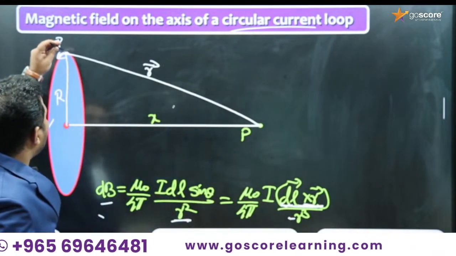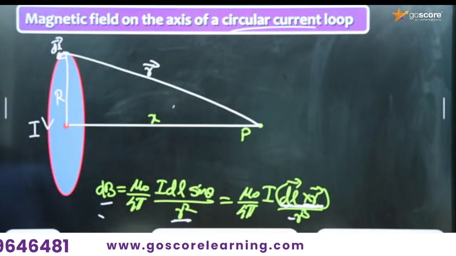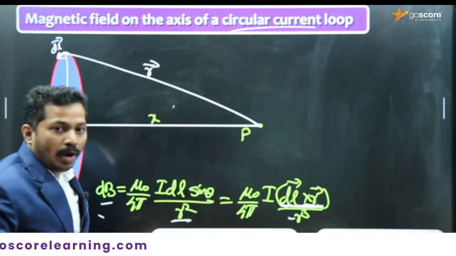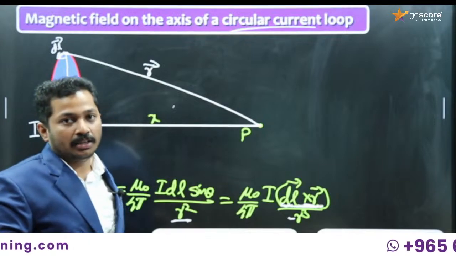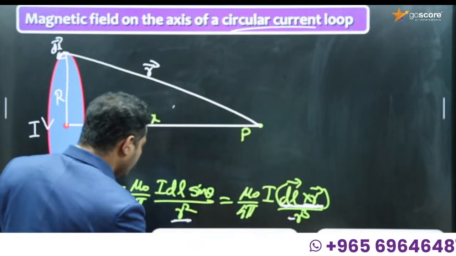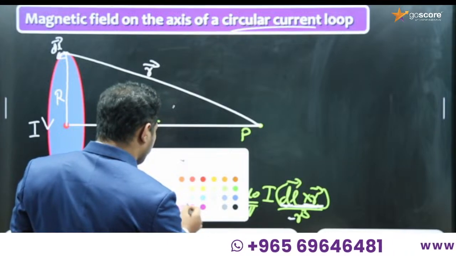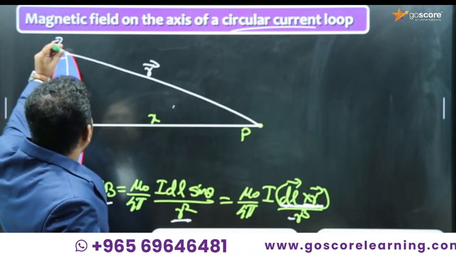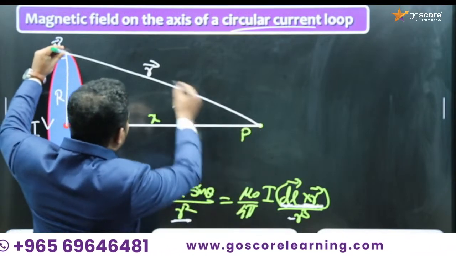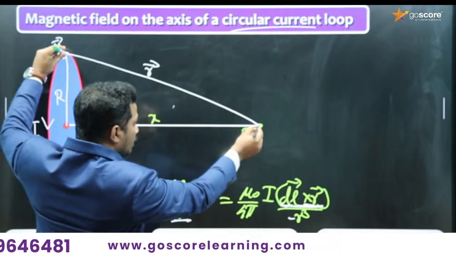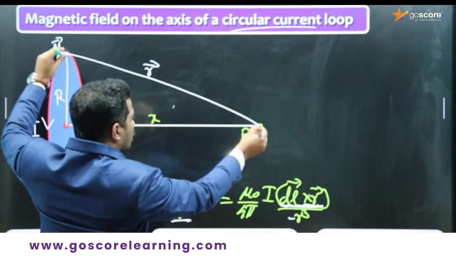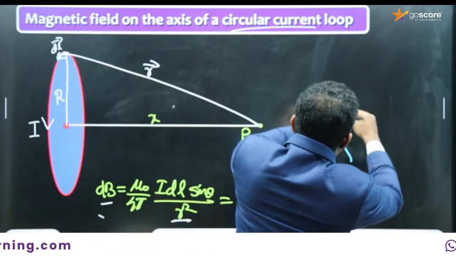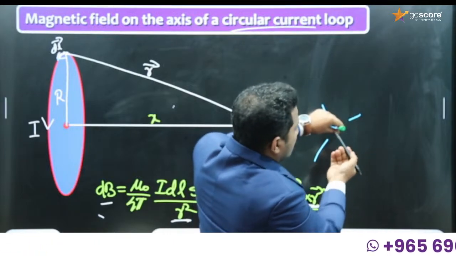So dl is coming towards you, and r is within the plane. What will be the direction of magnetic field at this point P? Any idea? Current element dl is coming towards you, and r is lying in the plane. It should be perpendicular to dl and r. Every line within the plane will be perpendicular to a vector which is towards you, right?